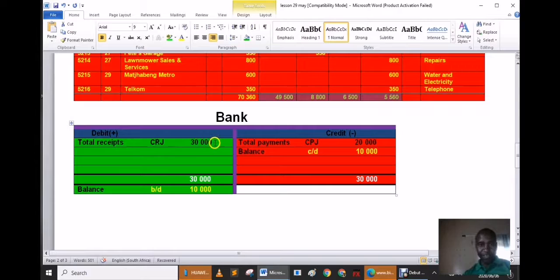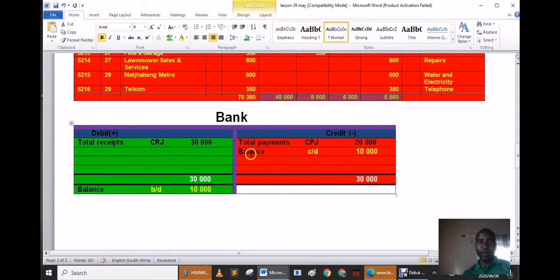Let's say we were having 30,000 from the bank column of the CRJ, and 20,000 from the CPJ. What it means is we were going to take the total of the bigger side and write it at the bottom on both sides. Then the side with the smaller amount, we subtract the amount that it is having.